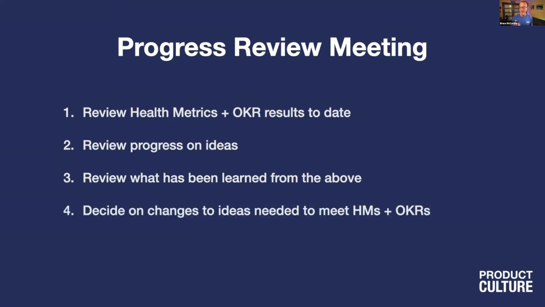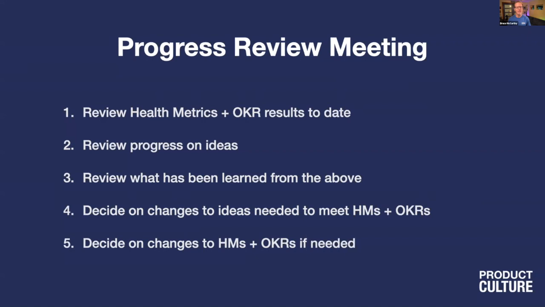So let's then decide what changes we are going to make to our backlog, to the ideas that we're pursuing, in order to make sure that we maximize our chances of achieving the OKRs and maintaining the health metrics. On the other hand, sometimes you find out that one of the things you learn is that your objectives or your KRs were unrealistic, in which case you actually can, during the quarter, change the goalposts.